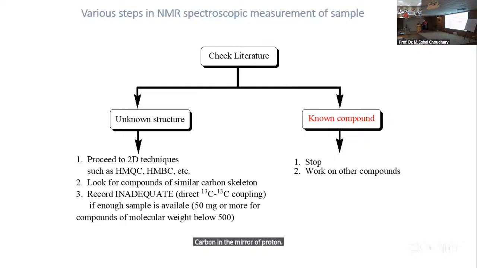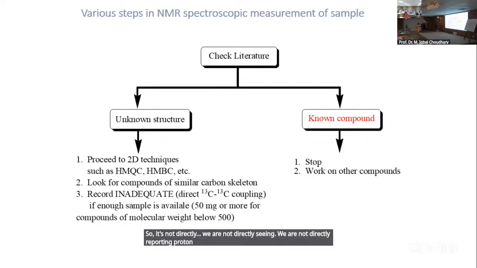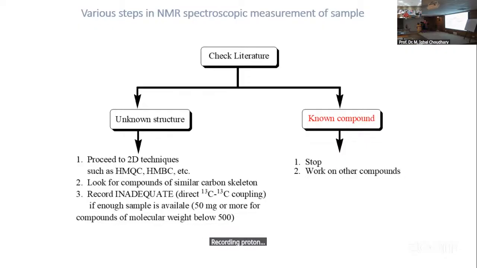So we are not directly recording proton like a proton NMR spectrum, and not recording carbon like a C13 NMR spectrum. We are recording proton, but the proton carries the information of carbon. So we are seeing carbon in the mirror of proton.